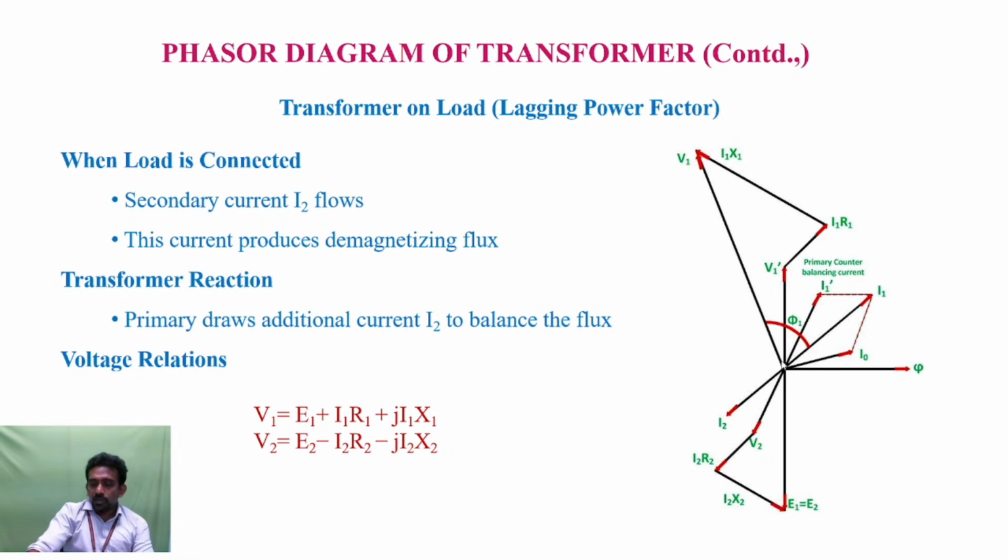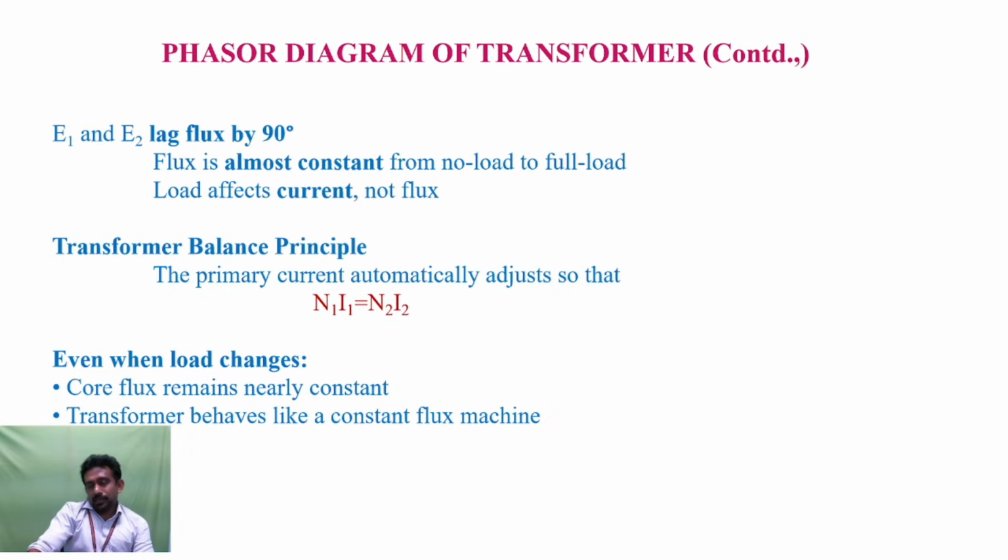This induces E2, which is equal to E1. Due to the transformer reaction, the primary draws additional current to balance the flux, and the voltage relations are given by V1 equals E1 plus I1 R1 plus j I1 X1, and V2 equals E2 minus I2 R2 minus j I2 X2. Here E1 and E2 lag the flux by 90 degrees.